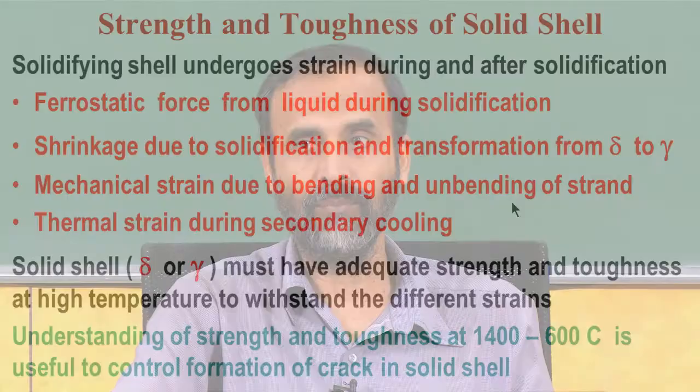So it is very important to understand at what temperature interval you are using bending and unbending, and whether the shell can withstand the mechanical strain that is getting generated, or there will be some crack formation. There may be bulging cracks, there may be other cracks. This is very important to understand.